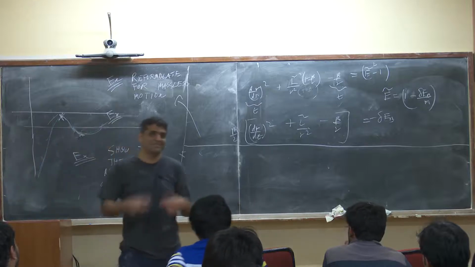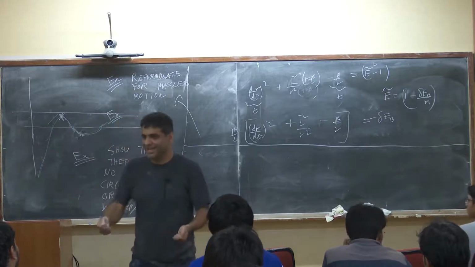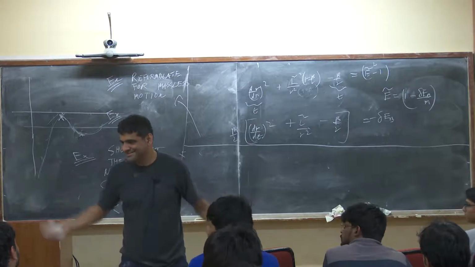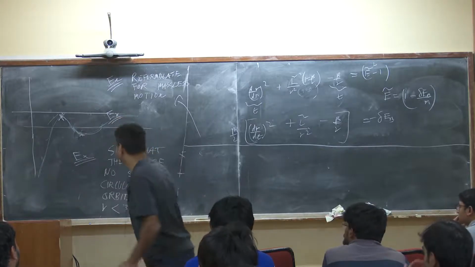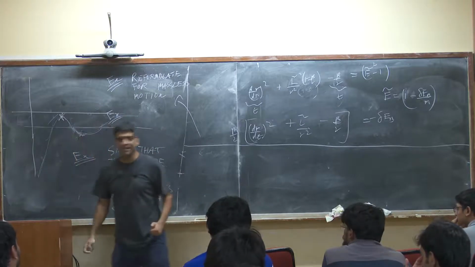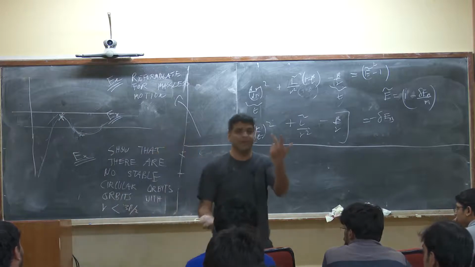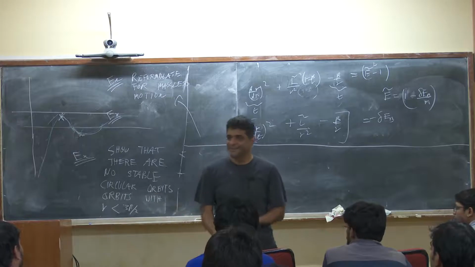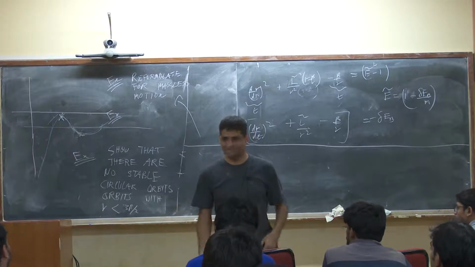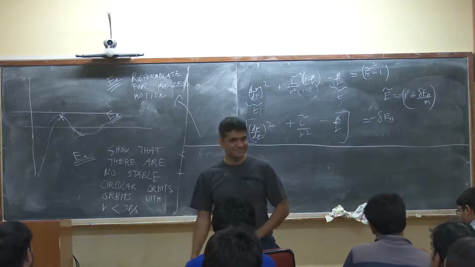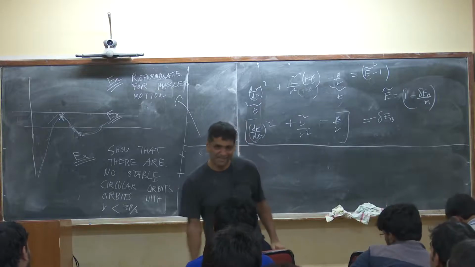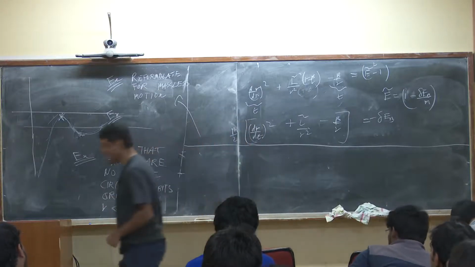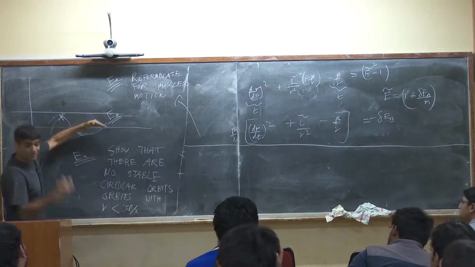For circular orbits, the only play is how far you are. Dr dt goes to 0, so you have to be either here or here. So on circular orbits, you don't have a 2-parameter set of orbits, you have a 1-parameter set of orbits. So if I tell you what E is, I tell you what M is, I tell you what L is. For non-circular orbits, you have a 2-parameter set of orbits.